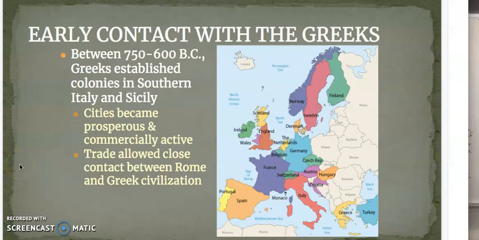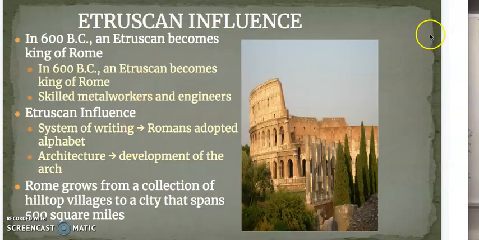So just a little bit here, as we have the beginnings of Rome, we start to see, because of its location, interacting with lots of other peoples, this Etruscan influence, and it starts really as just a small village.